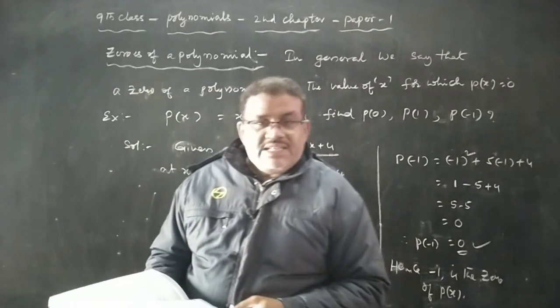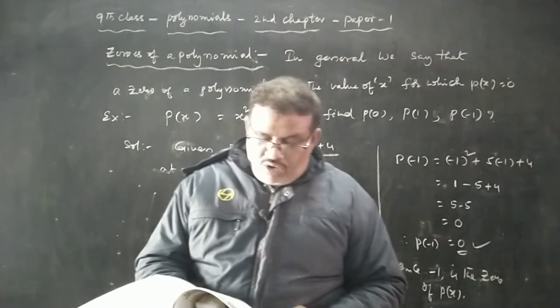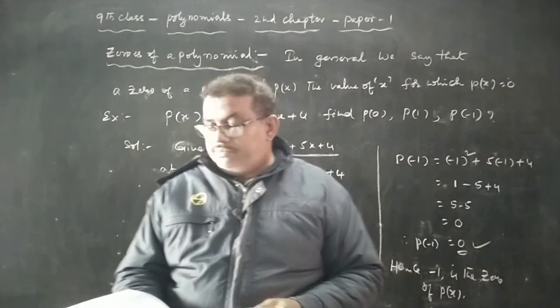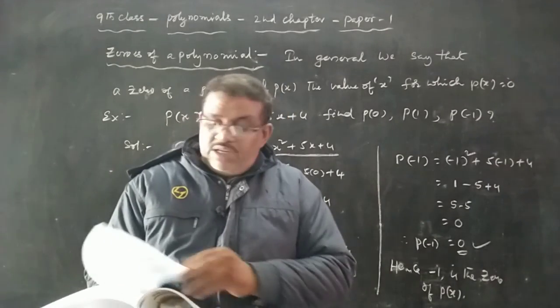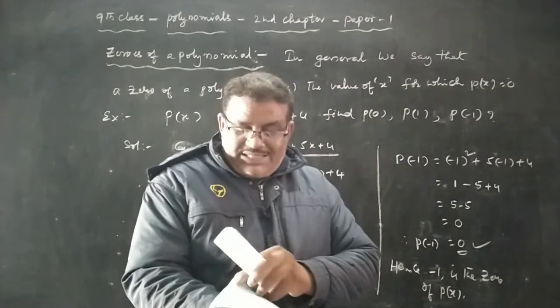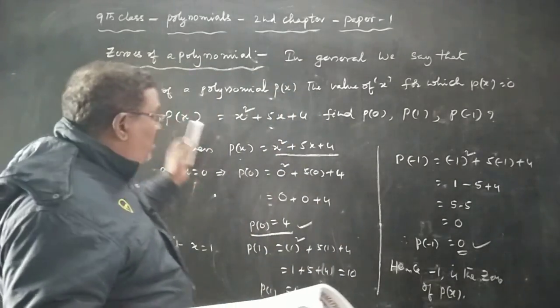Now we are going to discuss the example 2 problem. Find the zero of a polynomial p of x is equal to 3x plus 1. This model is not there, so I will explain this problem. Very simple one.